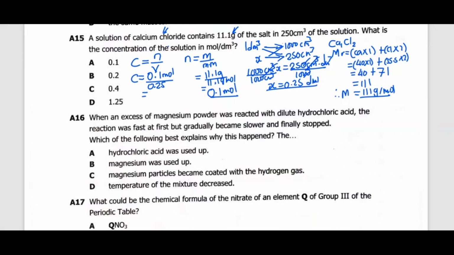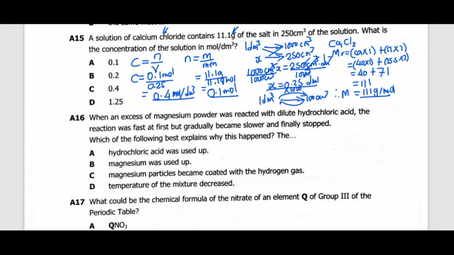So what is 0.1 divided by 0.25? I'm getting 0.4. So the final answer is 0.4 mole per cubic decimeter. Now the key point here is, if you are converting from cubic decimeter to cubic centimeter, you need to multiply by 1000.